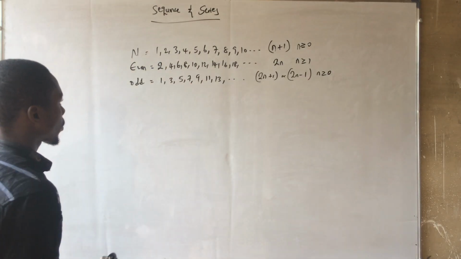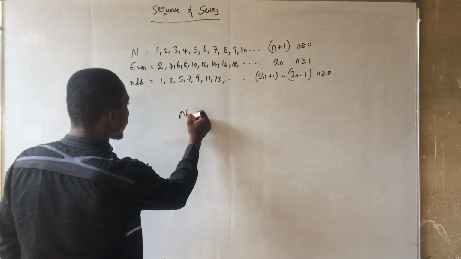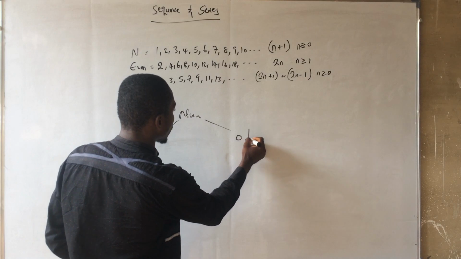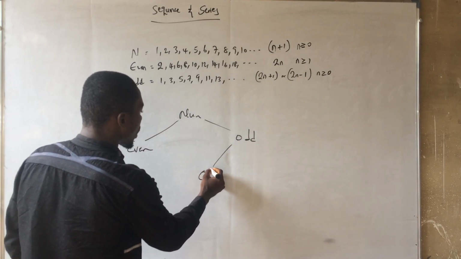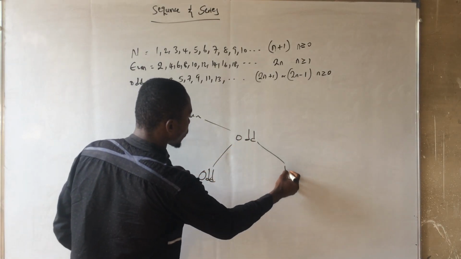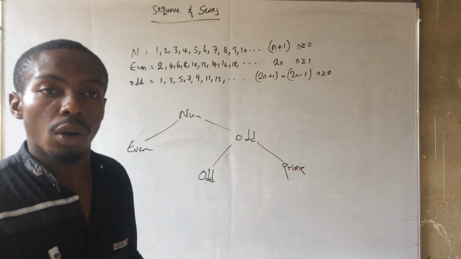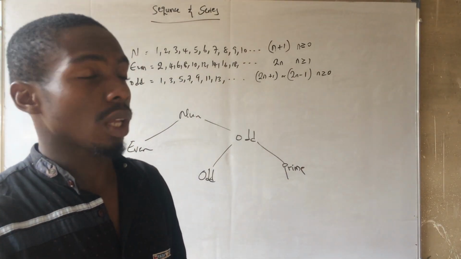So now, remember, in numbers like this, we have even, we have odd. And in this odd, there is what I call odd and I call prime. I call this one odd just because I don't know the other name to call it.